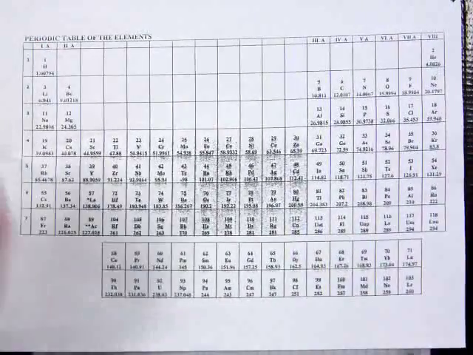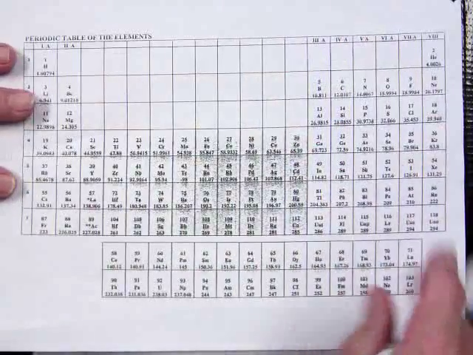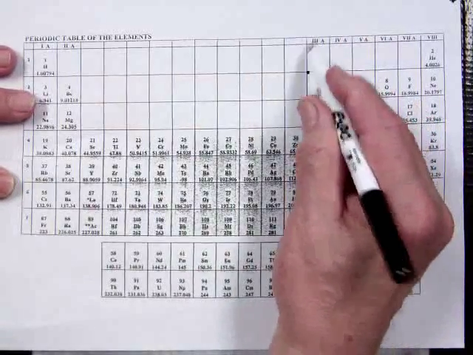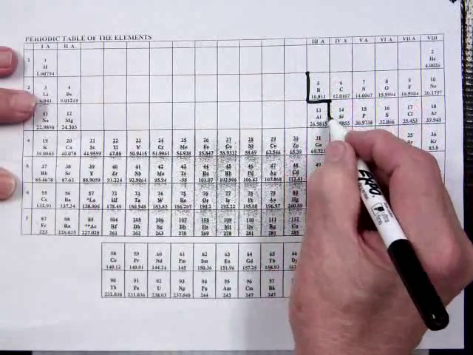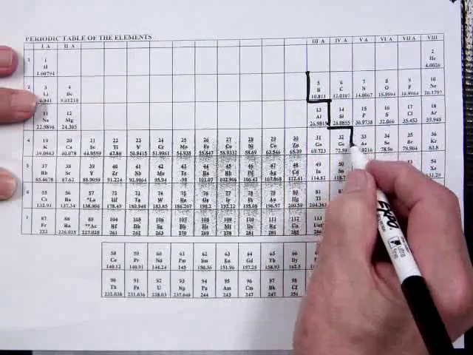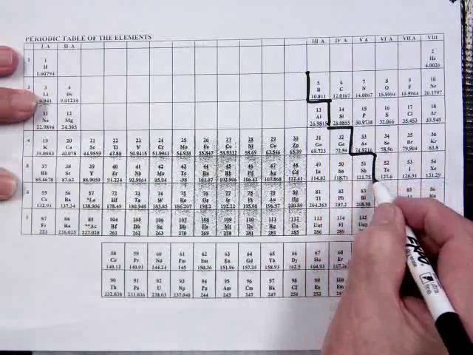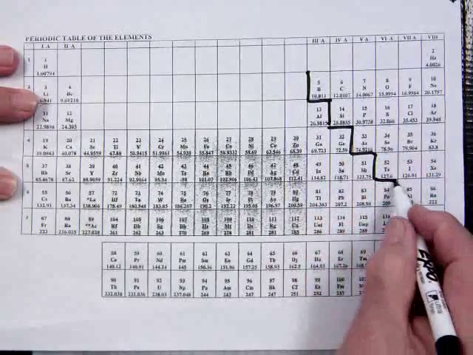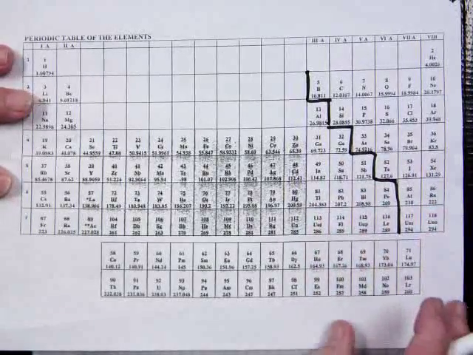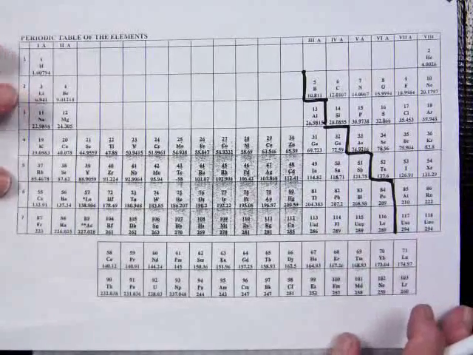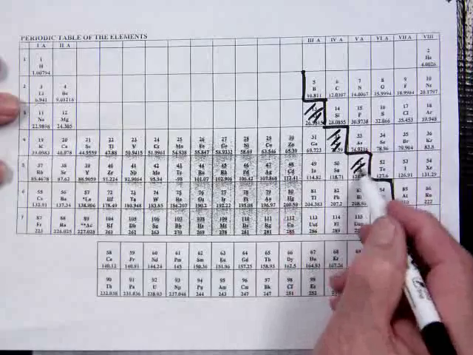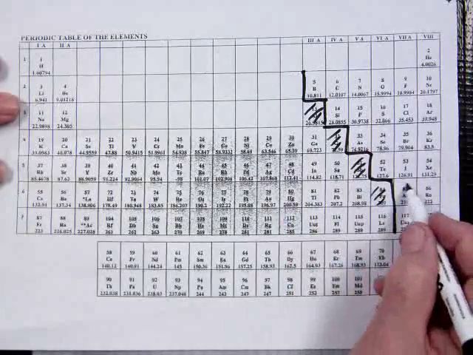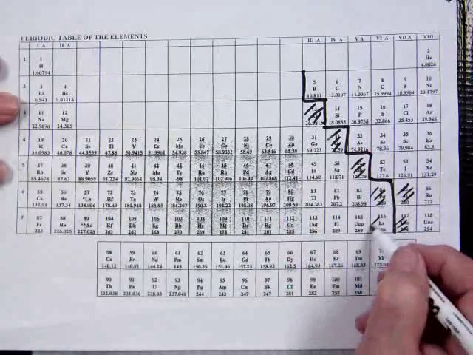So one of the first things you need to understand about this is start with the boron under group 3A and make a staircase the following way. And just bring this through the last two all the way to the bottom down there. Now, the elements that are touching that line are referred to as the metalloids.